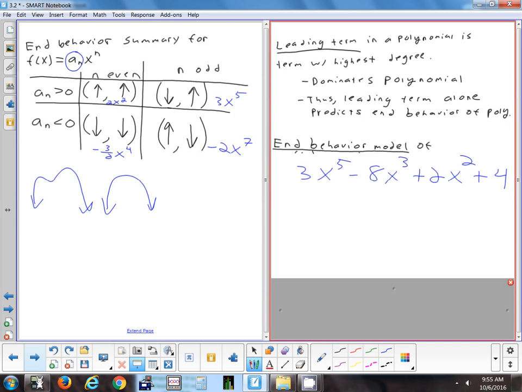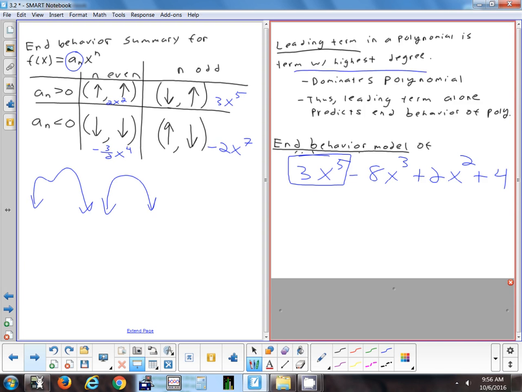So if I gave you a problem on the test and I said, I want you to tell me which term here is the term that's going to control everything. Okay? In other words, tell me which term here is going to model the end behavior. It's this term right there. All these other terms don't matter. Okay? They might cause little twists and turns, but the thing that's really important is the term with the highest degree. It controls the end behavior.